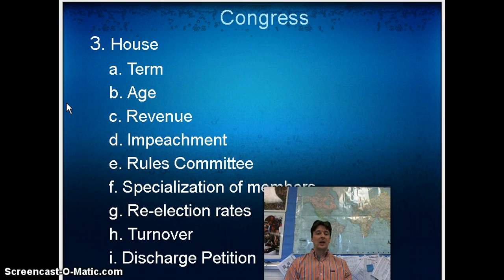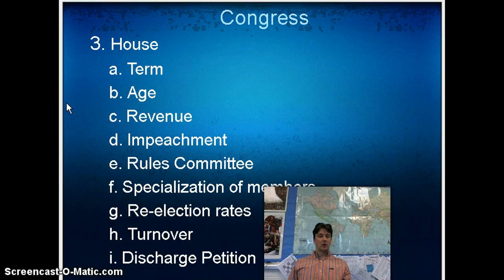Finally, there's something that exists in the House that doesn't exist in the Senate, and it's called a discharge petition. A discharge petition just means that, let's say there's a bill that's stuck in the Rules Committee because the Rules Committee hates the bill and they just choose to not schedule it, and so it never gets voted on. A discharge petition takes 218 members.